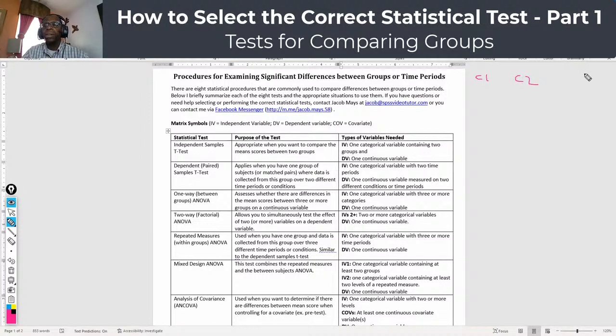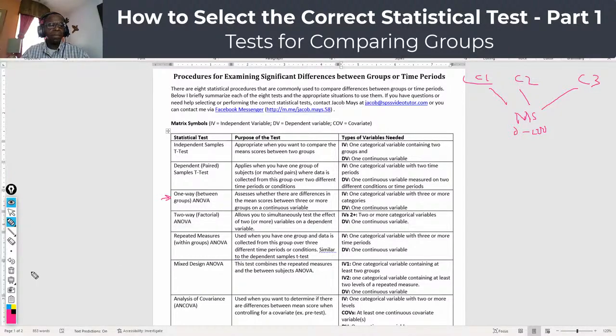Now we're adding a third, class 3. And we're comparing mean math scores, 0 to 100, on all 3, and seeing if there's a significant difference between class 1, class 2, and class 3. If we were only looking at class 1 and class 2, then we would just use the independent samples t-test. But since we have 3 or more, we have to use the one-way ANOVA.